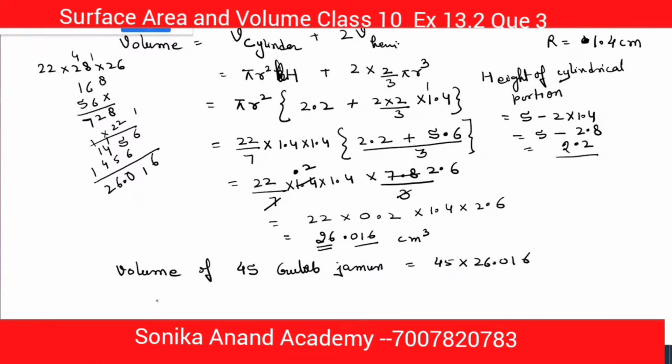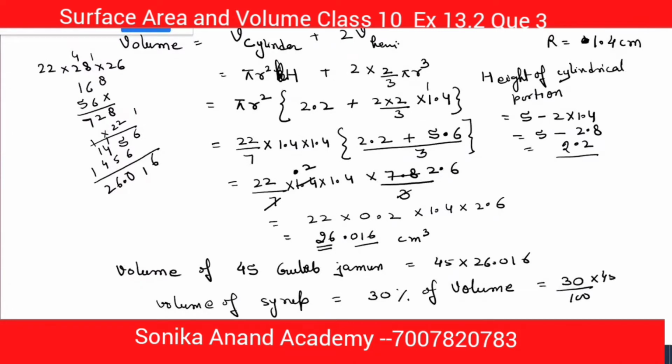Now volume of syrup. It is 30% of the volume. That means 30 by 100 into 45 into 26.016.